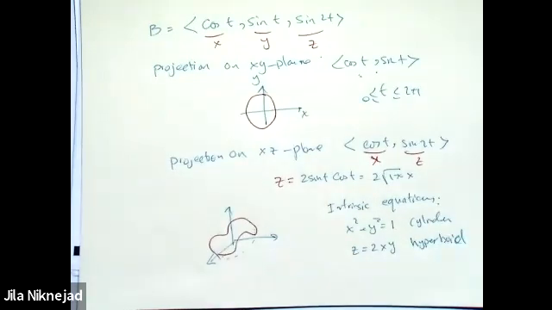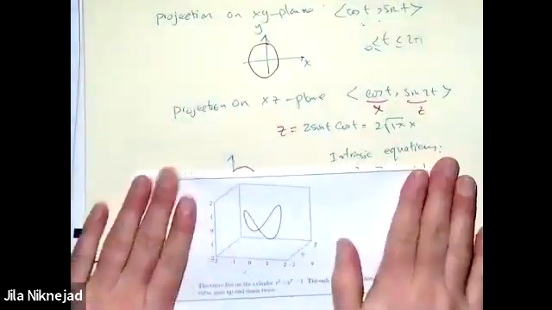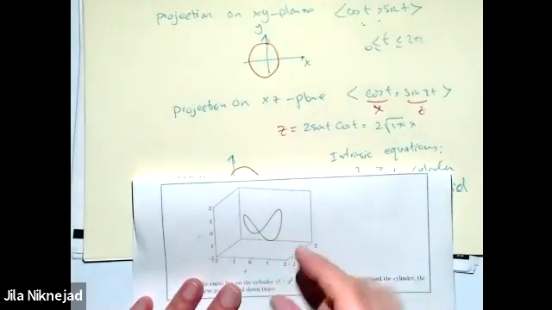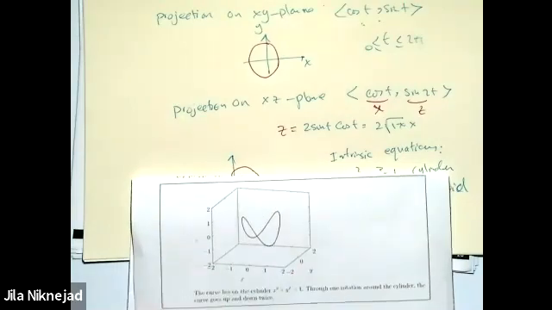So it's a rubber band around the cylinder. Now, again, these things don't go very well. I have a picture of this one. So it's a cylinder going up and a hyperbolic surface has intersected it. So the rubber band around the cylinder goes up and down once.